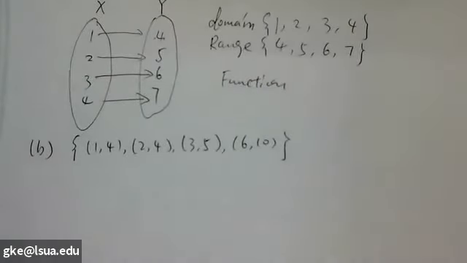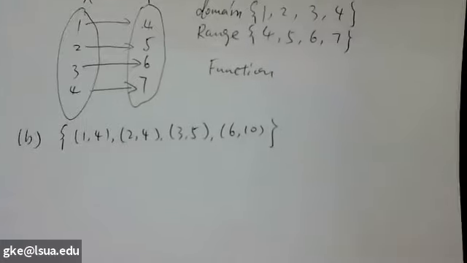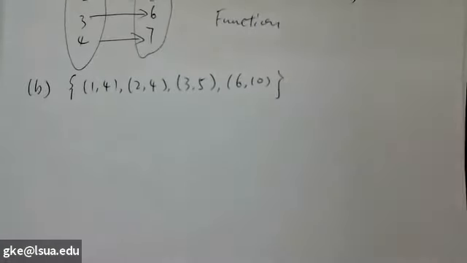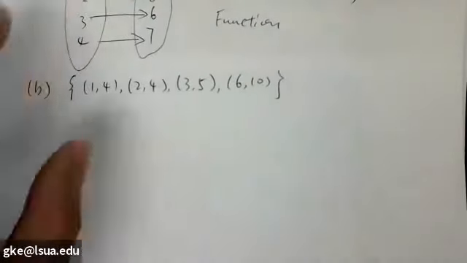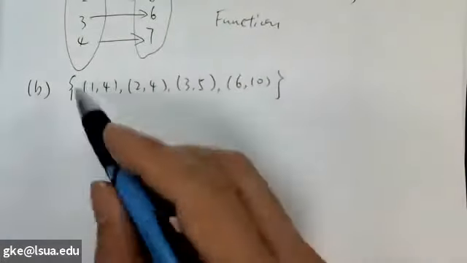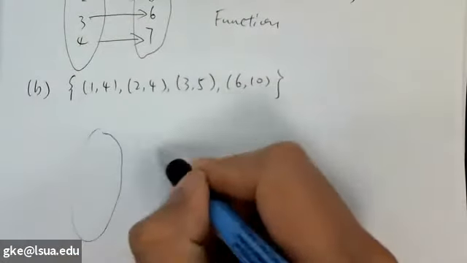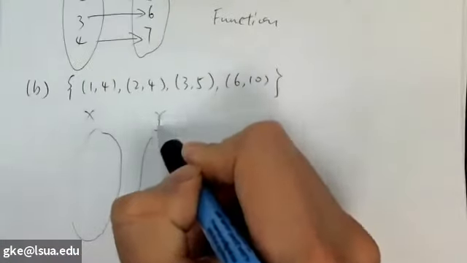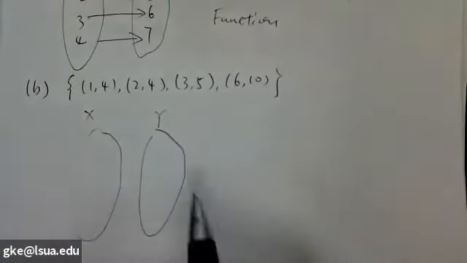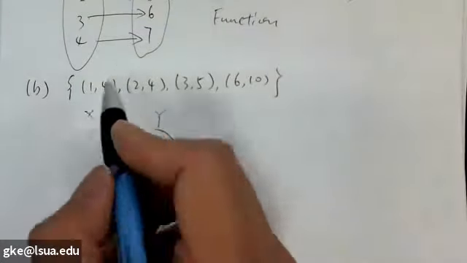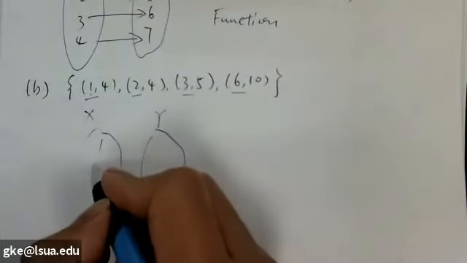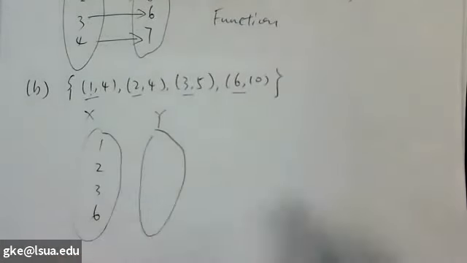Okay, let's take a look at this problem. This problem is very similar to the last one. For question A, we just need to write down the X set and the Y set. For the X set, we have X coordinates 1, 2, 3, 6.